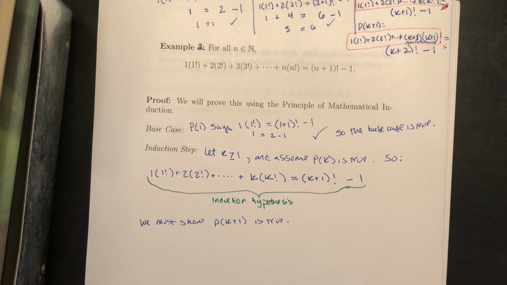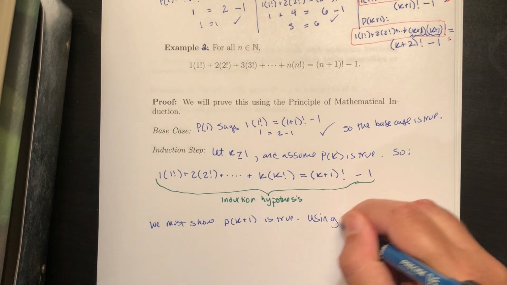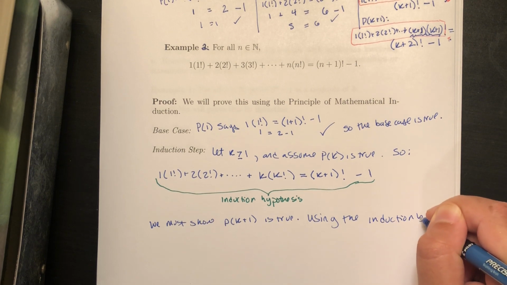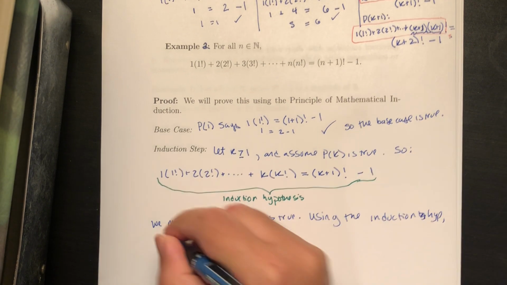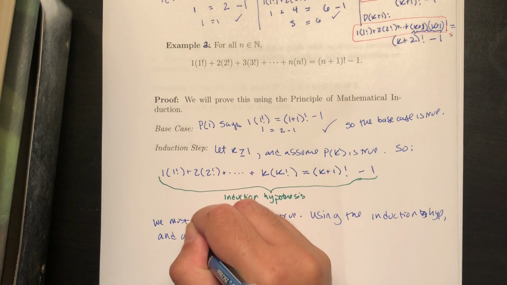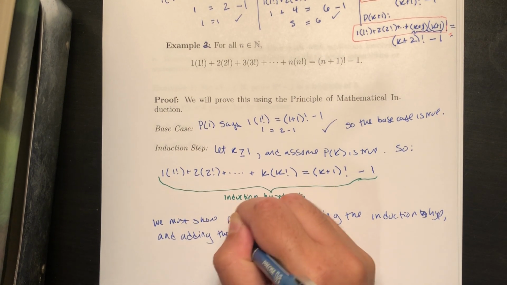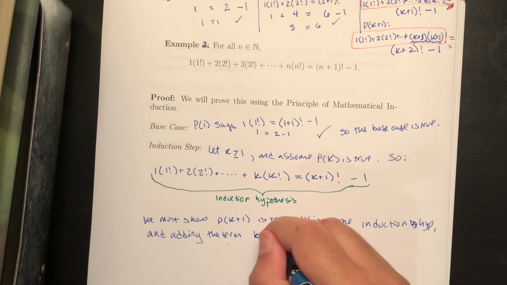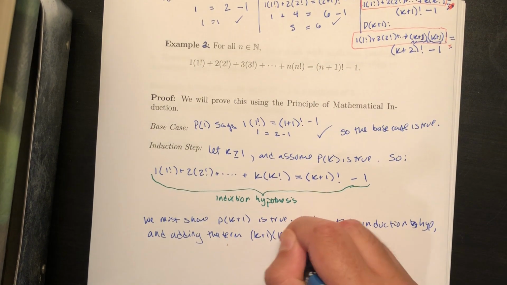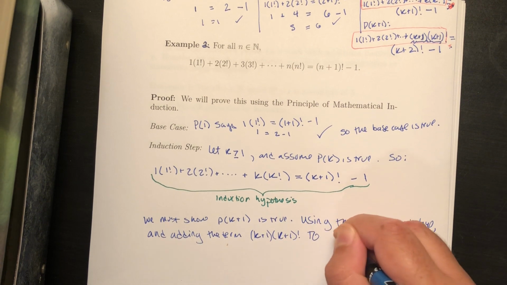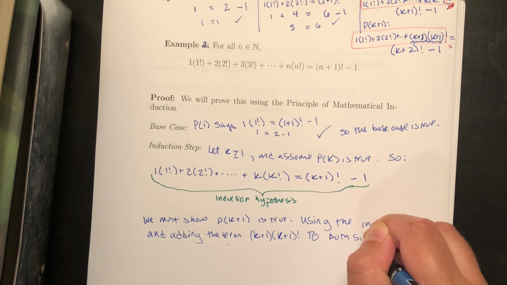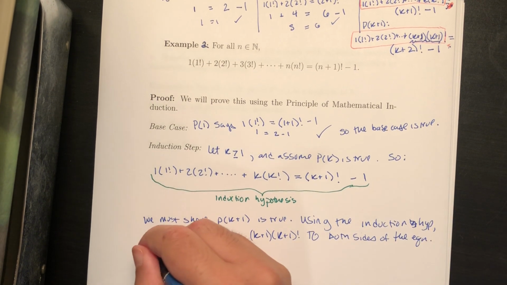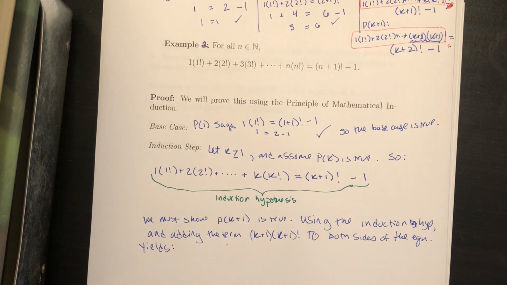All right, so using the induction hypothesis, and adding that last term, so that last term would be k plus 1 times k plus 1 factorial, to both sides of the equation will yield the following.